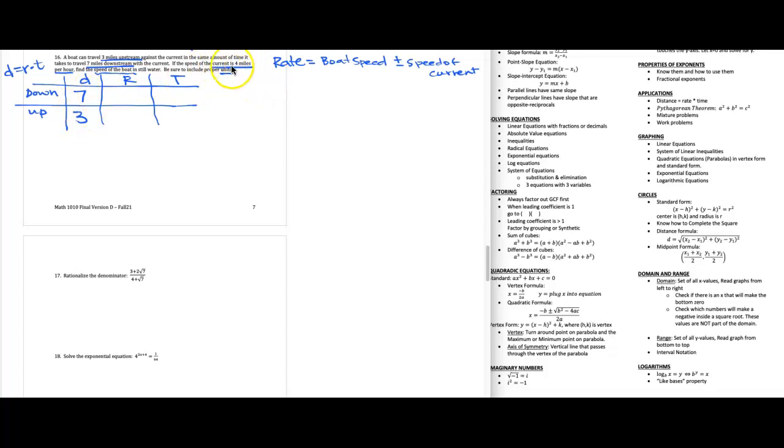But how am I going to write the rate if I know the current is 4 miles an hour? One other thing I want to make sure is really clear: you want to assign your variables. So B is my boat speed, and I'm going to call C my current speed. It's always a good idea to define those variables and what they mean.